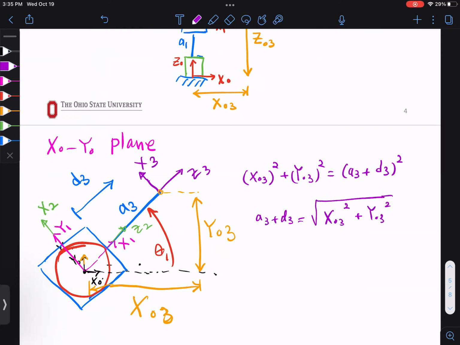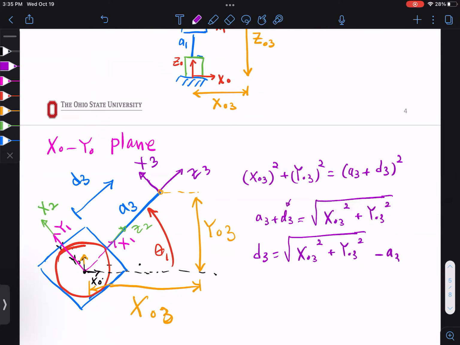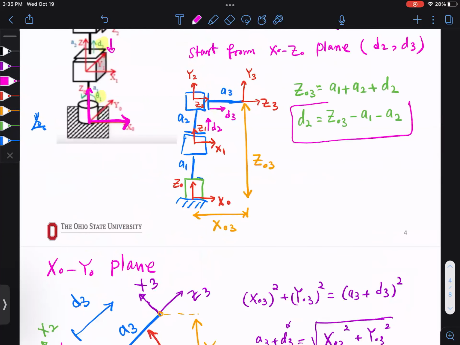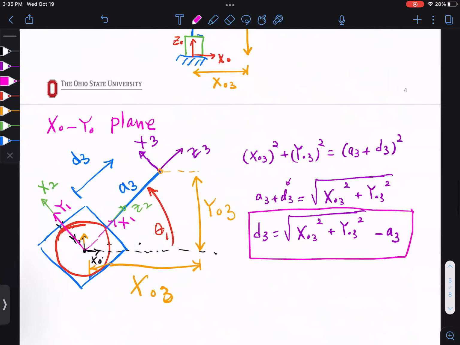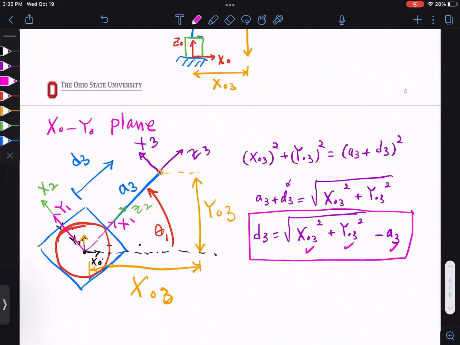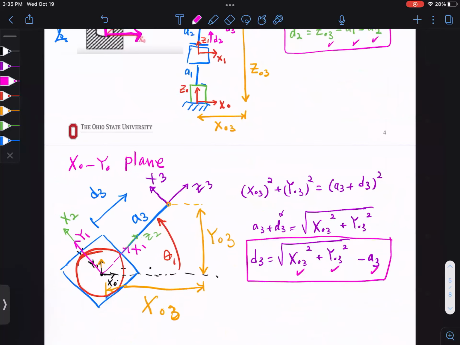What we were looking for, this guy. So d3 is that minus a3. So that's the second relationship. First one was this guy. So I know this, I know this, I know this, don't know that, no problem. So far, we found two. We need one more.